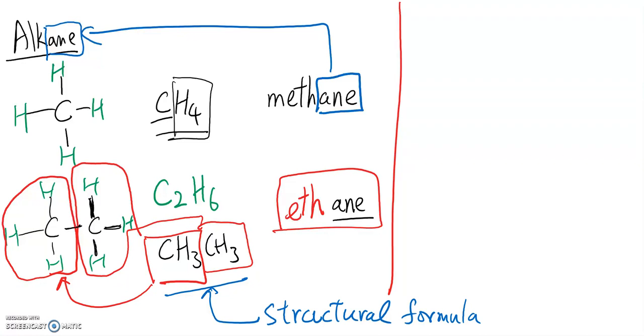And the next member, we come to the third member. That means a carbon connected to 2 other carbons, and all of them are in single bonds, connected to hydrogens. So, I'll give you 3 seconds. Can you tell me what the molecular formula is?